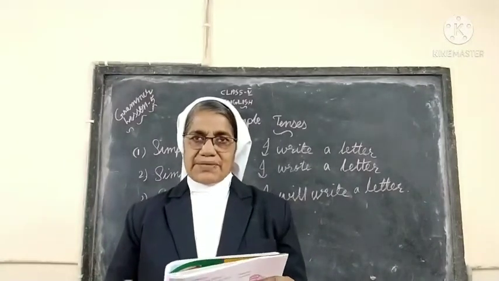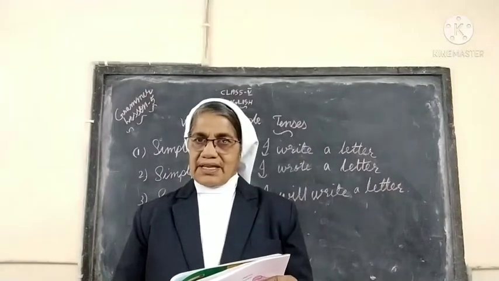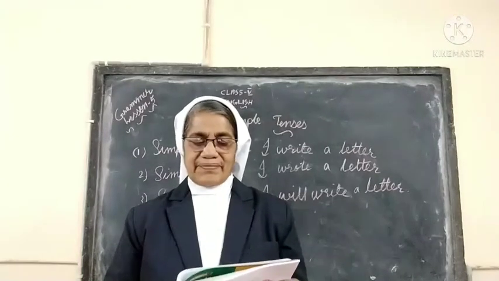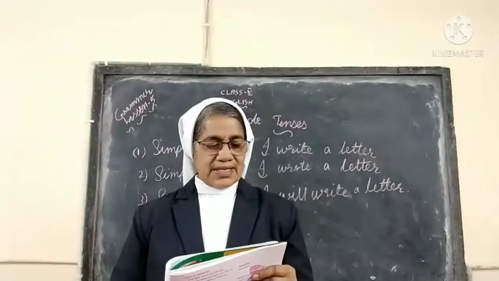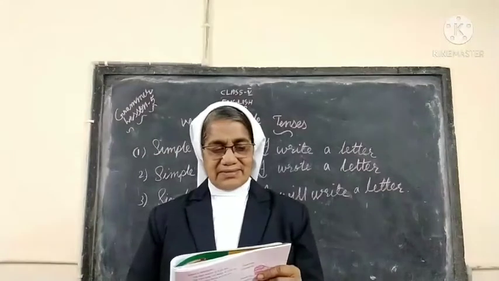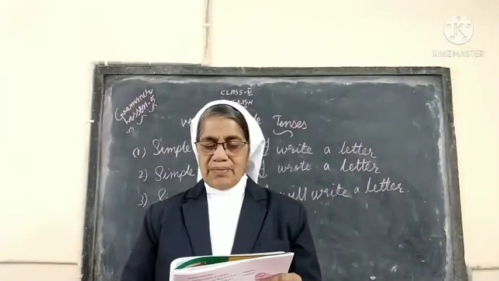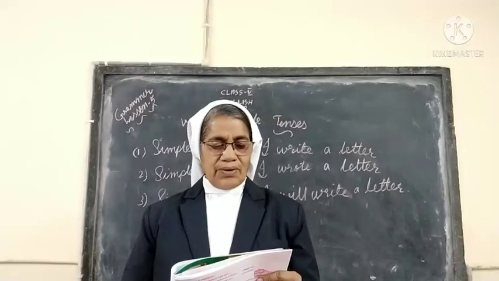It may be at the present time, in the past, or in the future. The tenses of a verb show the time of the action. So a verb in a sentence may be in the present tense, past tense or future tense.